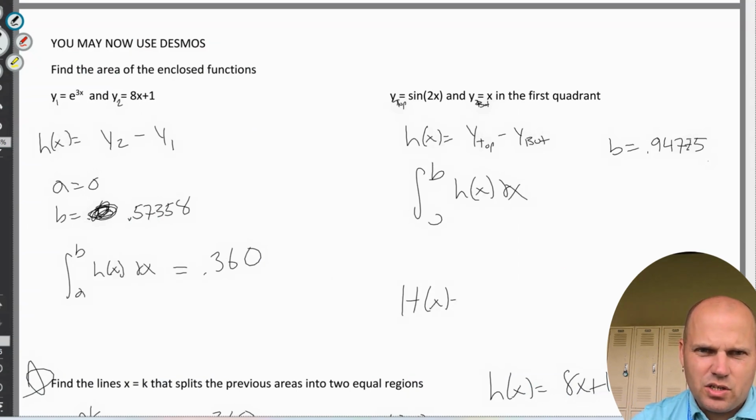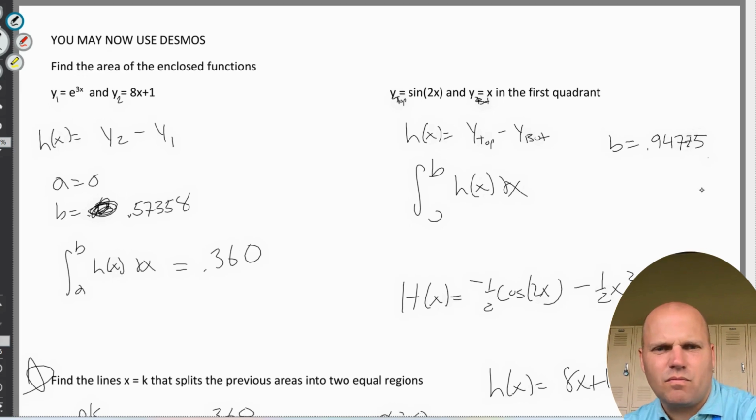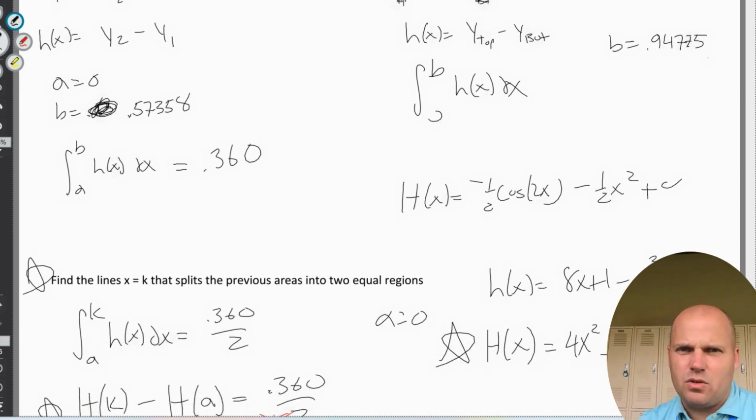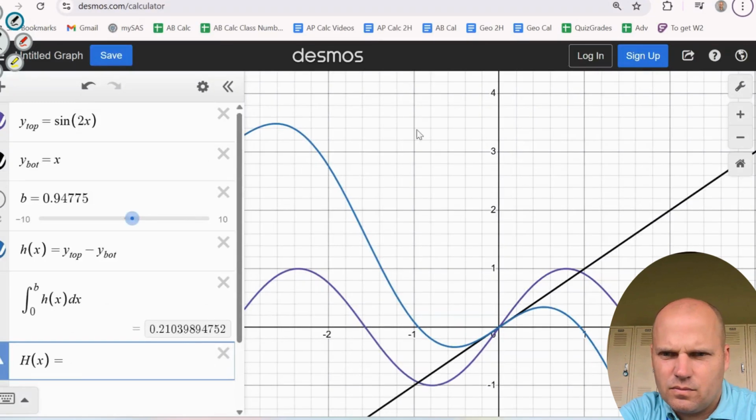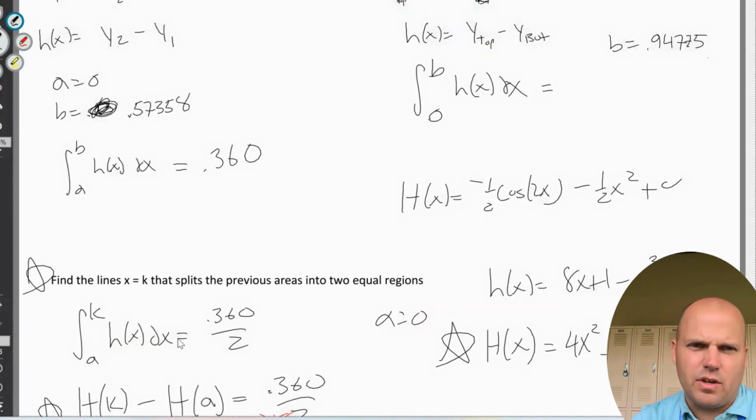Super H is going to be the antiderivative of sine of 2x, which is negative cosine 2x times a half, right? Yeah. And then x is 1/2 x squared. Why do I need to know this? Well, what was my answer here? 0.210.